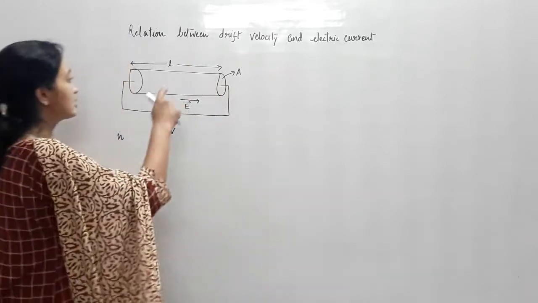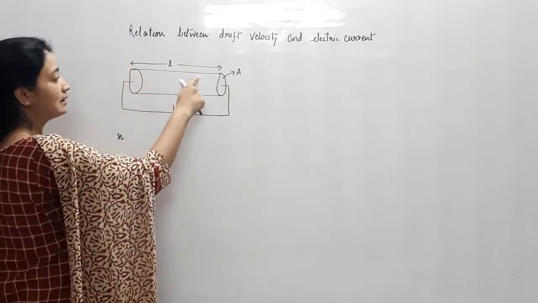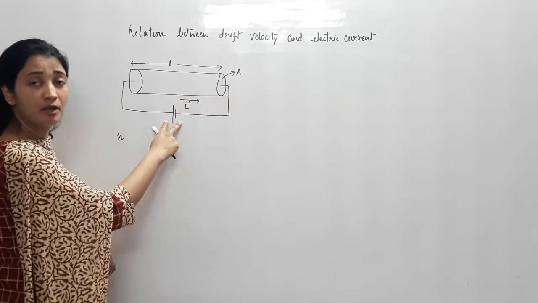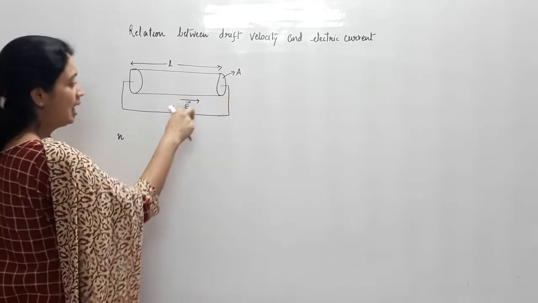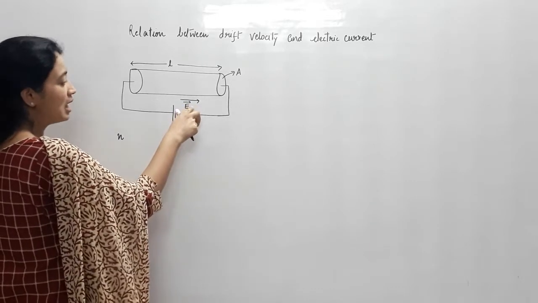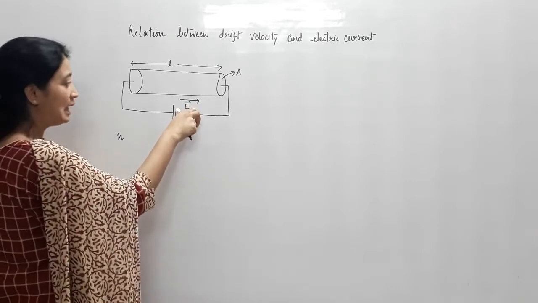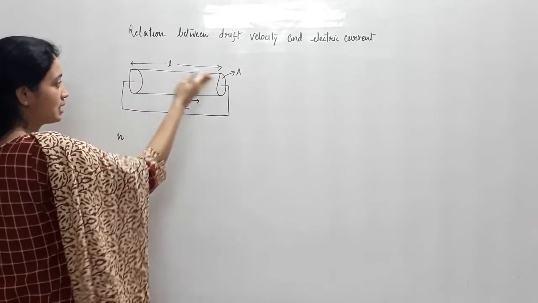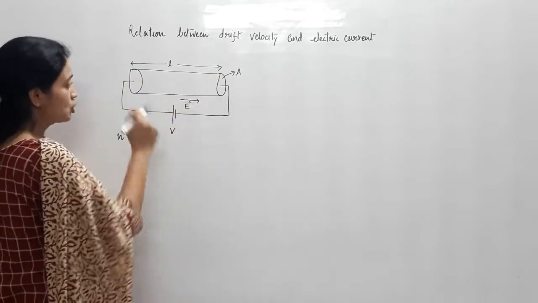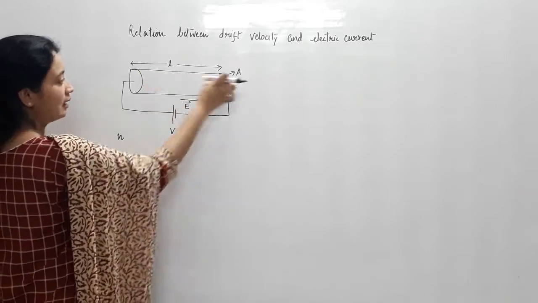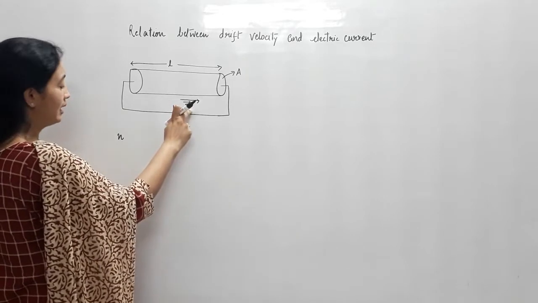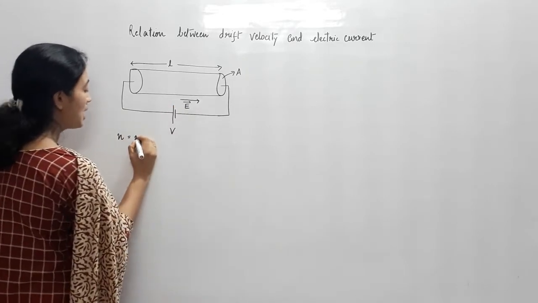For this, consider a conductor of length L, area of cross section A, and the applied potential difference across its ends is V. Through this V, we are applying an electric field E in the direction from the positive pole towards the negative pole, that is, along the length.